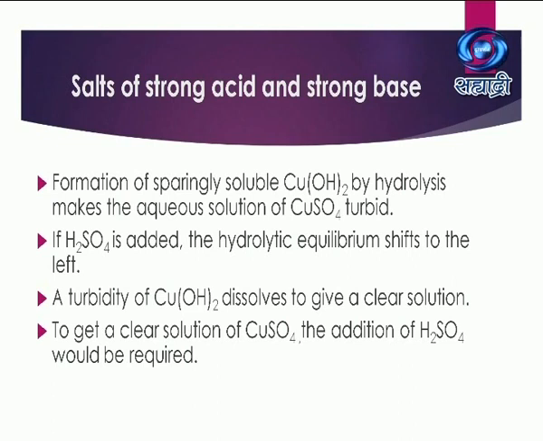Before we add water to copper sulfate, always first add a little sulfuric acid and then add water. Therefore the hydrolytic equilibrium shifts to the left and the copper sulfate dissolves, giving a clear solution.